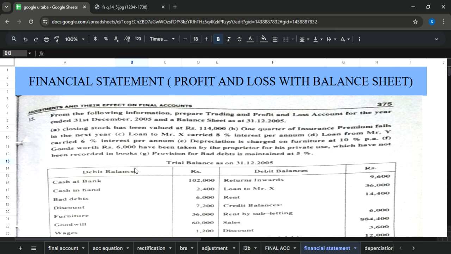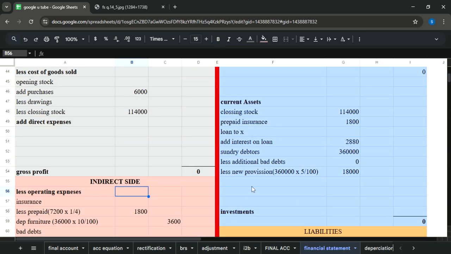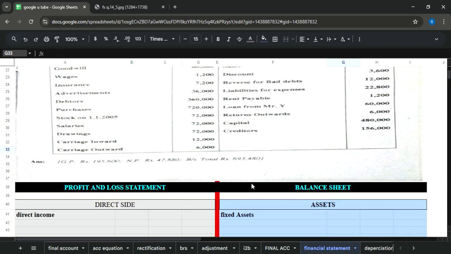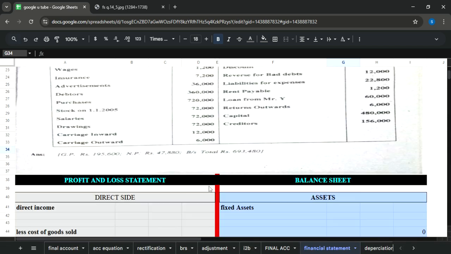We are now ready to enter our elements present in your trial balance. Let's start. So first element is cash at bank. You will go to current asset, and here you will mention cash at bank. Amount of cash at bank is mentioned as 102,000.